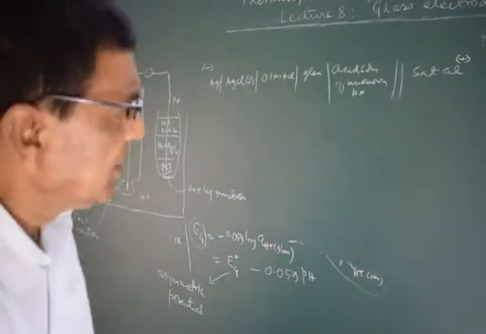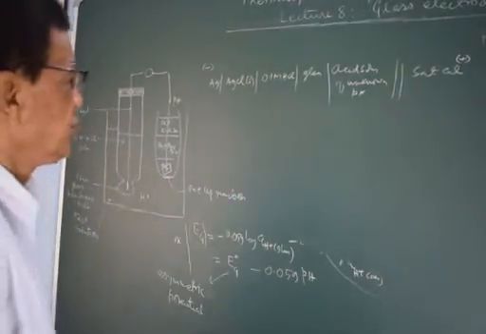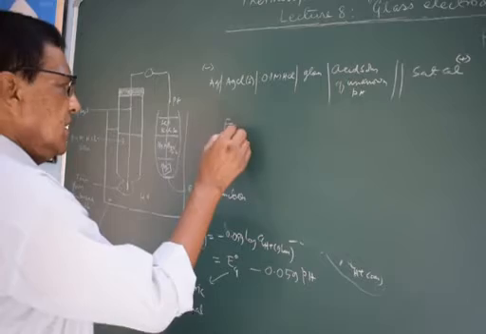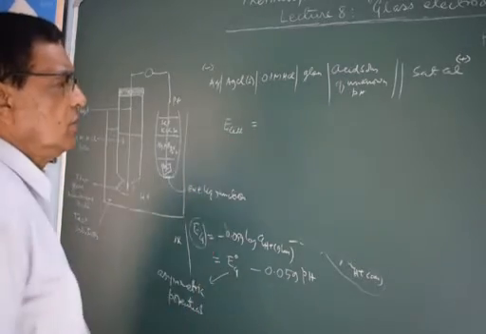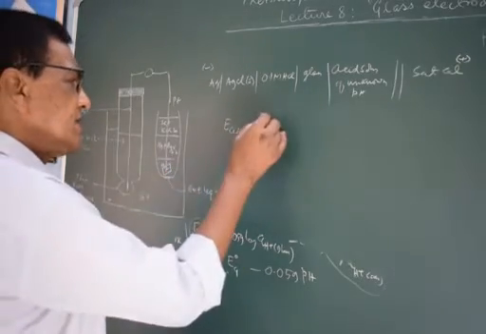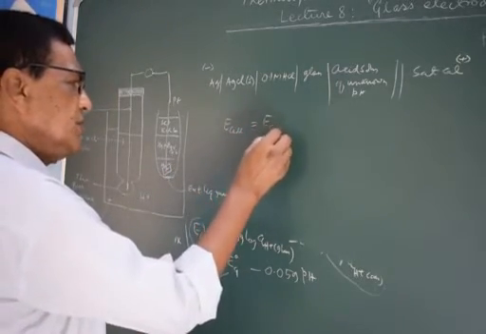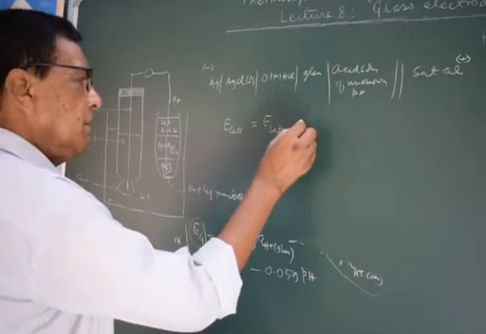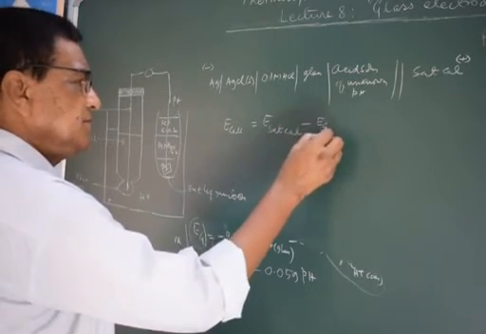So if we write this cell potential, Ecell is equal to the electrode potential of the right hand side, meaning E saturated calomel minus Eg.